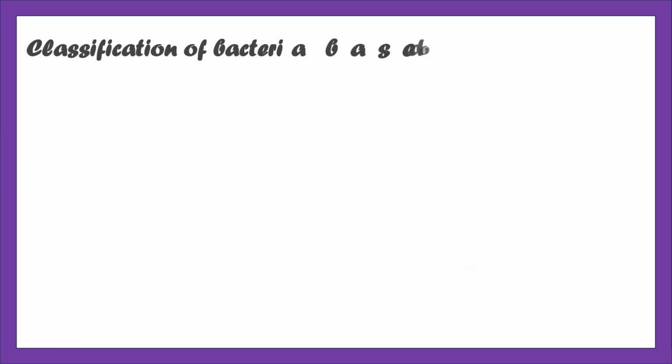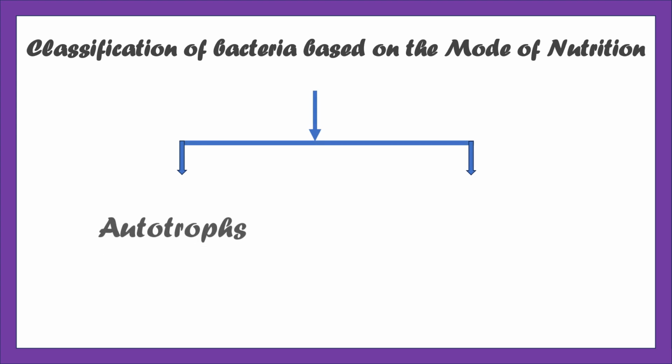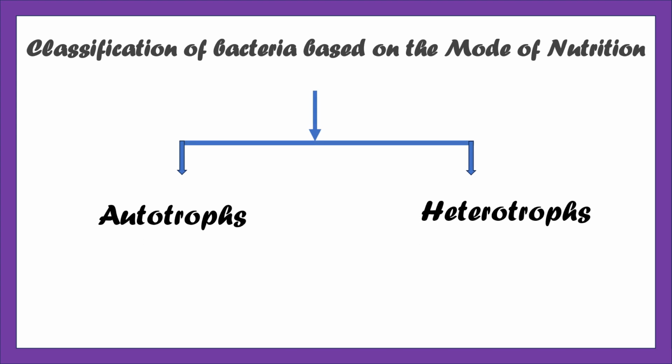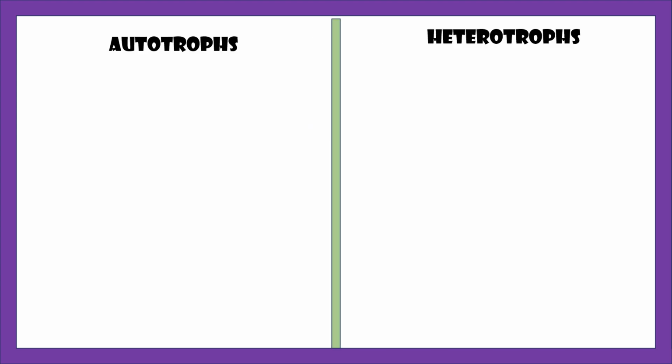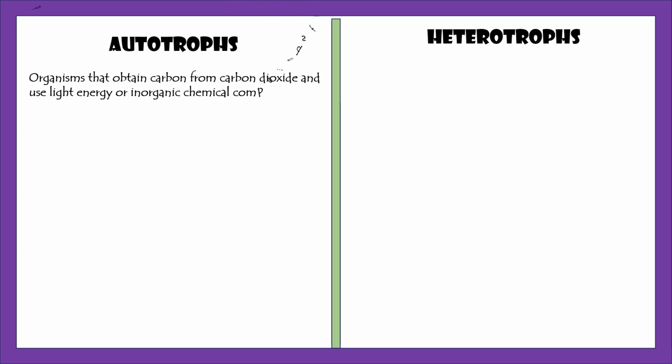Move to the classification of bacteria on the basis of mode of nutrition: autotrophs and heterotrophs. Move to the difference between autotrophs and heterotrophs. The organisms that obtain carbon from carbon dioxide and use light energy or inorganic chemical compounds to produce complex organic compounds are known as autotrophs.